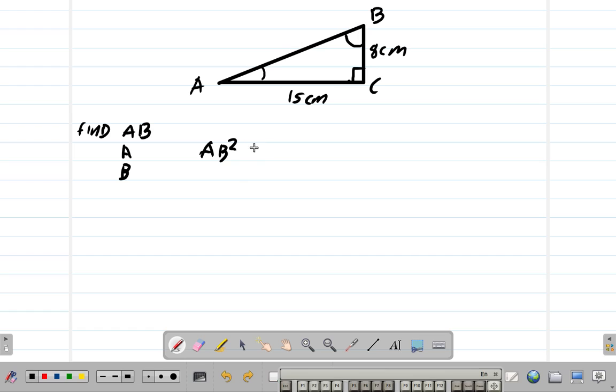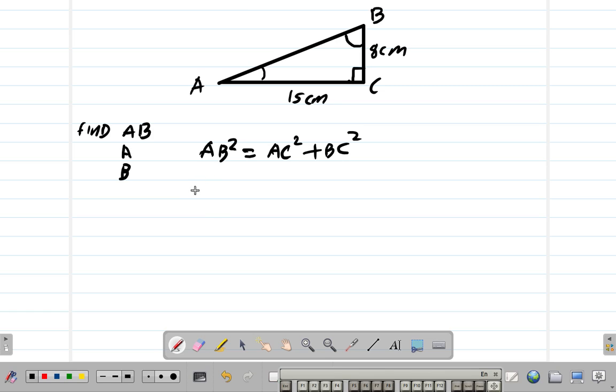It's the hypotenuse. AB squared is equal to one of the other side squared, AC squared, plus BC squared, the other side squared. So, one way I put Pythagoras theorem, it says the hypotenuse squared is one of the other sides squared plus the next side squared.